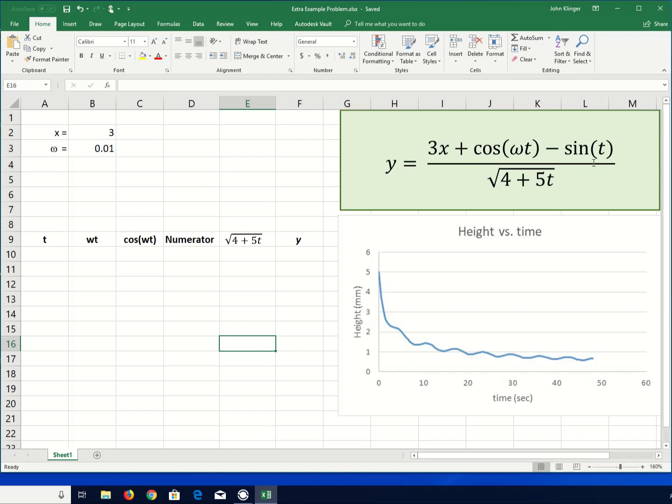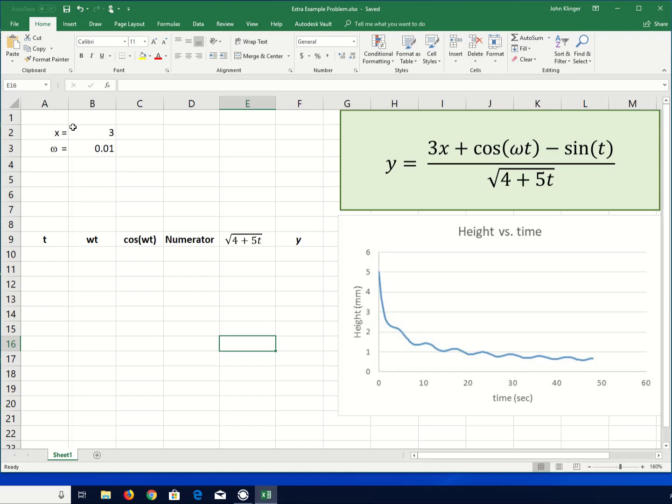That's what we want for radians, and also minus sine t, and this t also we can say is in time. Excuse me. And in the denominator we just have the square root of 4 plus 5t. Okay, and we want to solve for y in our equation.